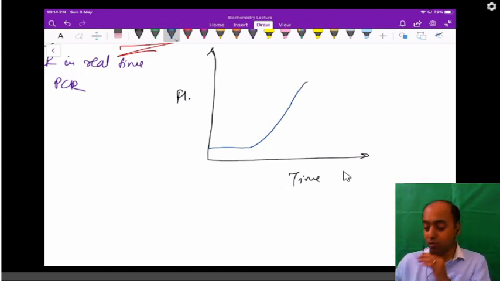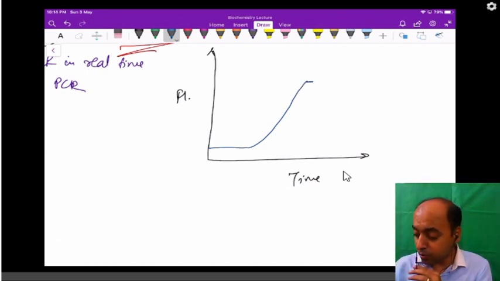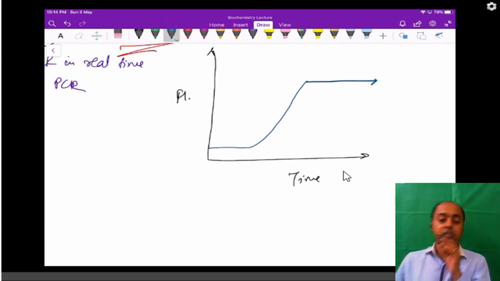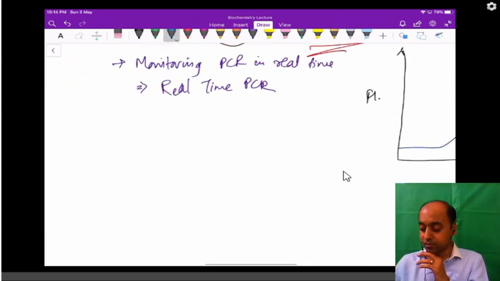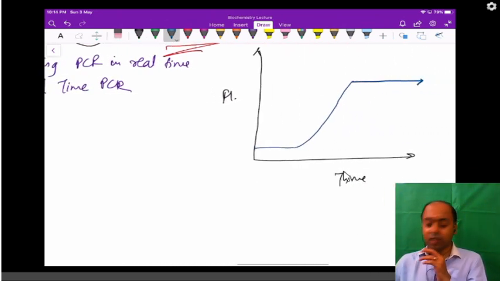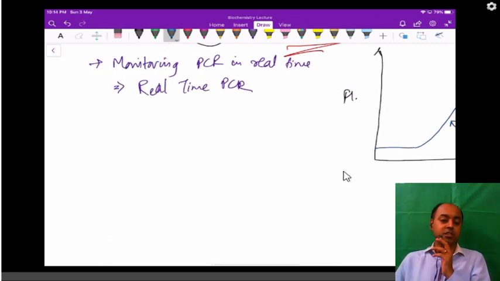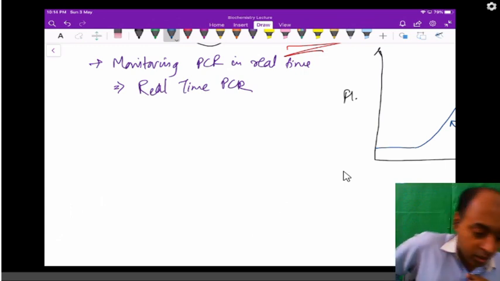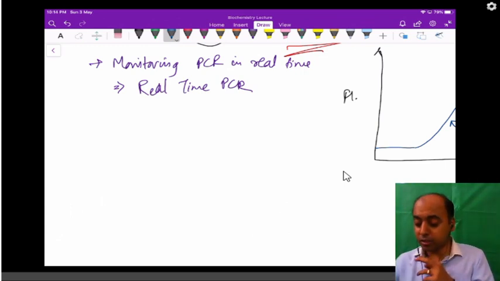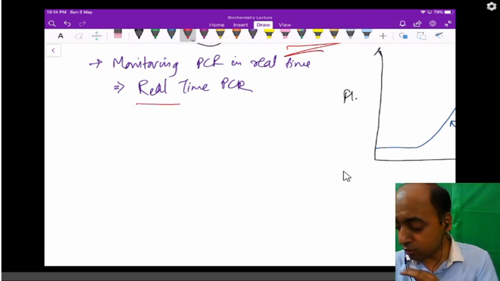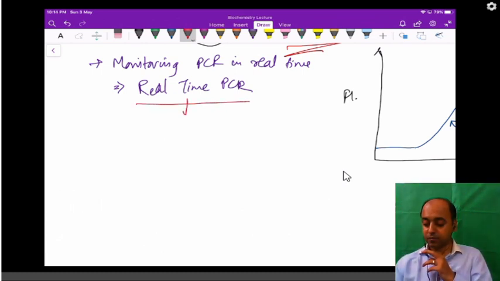However, after some time all the dye will be occupied, so we reach the plateau phase. We are monitoring the increase in fluorescence over time, and this tells us whether the PCR has been successful or not. Because we are able to monitor the progress in real time, this is known as real time PCR.